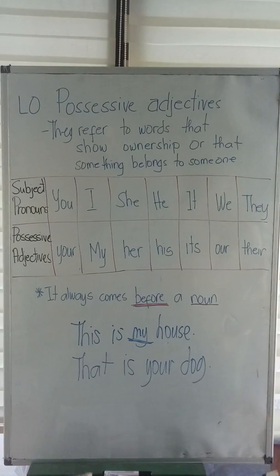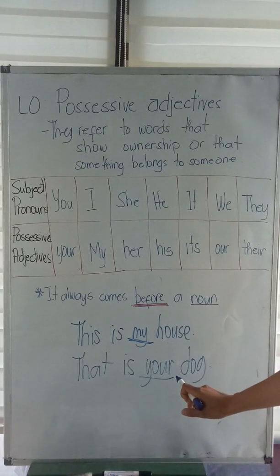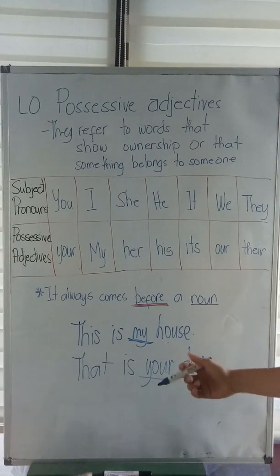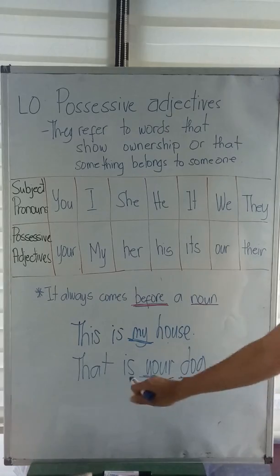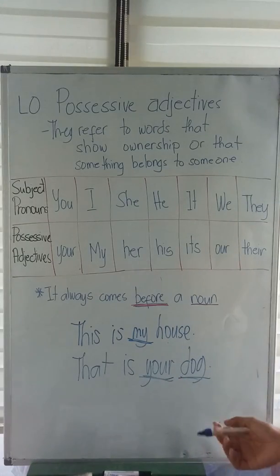That is your dog. In this sentence, we have your as the possessive adjective, and it comes before the noun dog. And if you ask who owns the dog, the word your owns the dog.